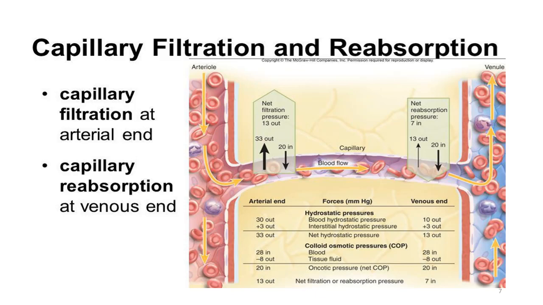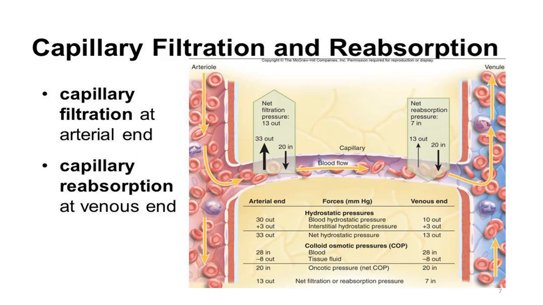In the arterial end, by the difference of 13 millimeter of mercury, 16 milliliter of blood tends to go into the interstitial fluid. Remember the digit. It means that 13 millimeter mercury pushes 16 milliliter of blood into the interstitial fluid.